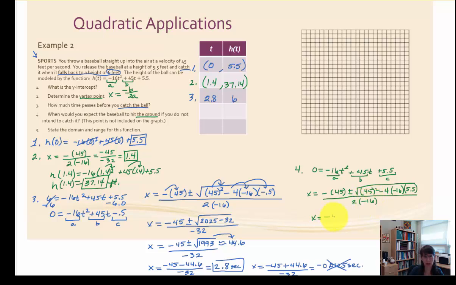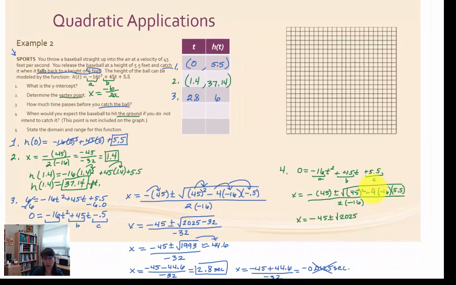X now equals negative 45 plus or minus, under this radical now, 45 squared. We've already worked with 45 squared in the previous question, so we know that's 2025. And we have our three factors, negative 4 times negative 16, but this time it's multiplied by 5.5. We have a negative times a negative times a positive, so we're going to be adding something to that 2025. And that amount is 352.